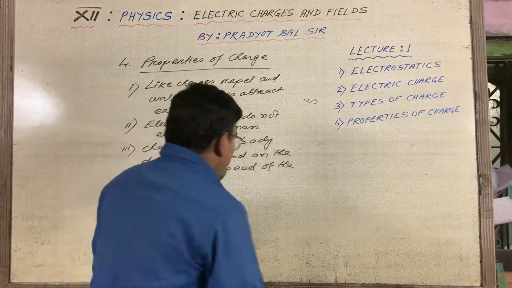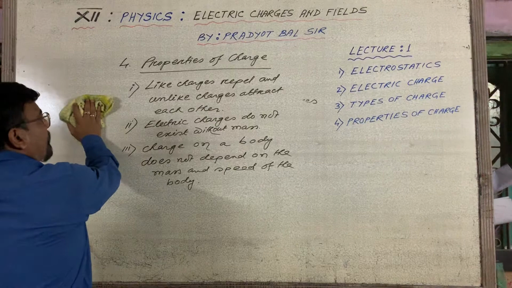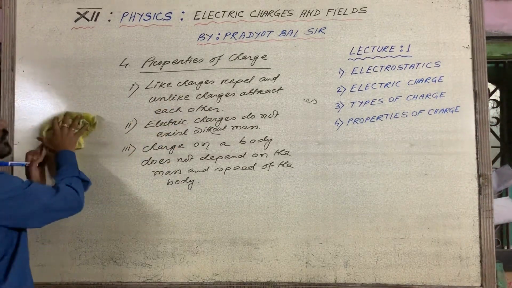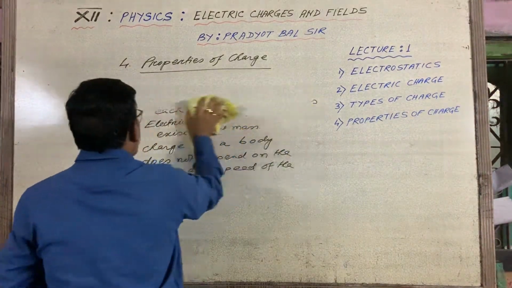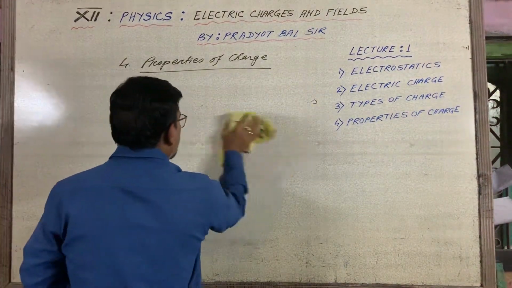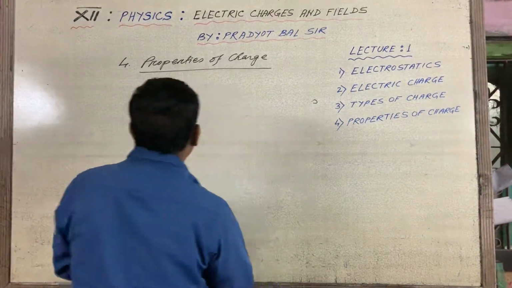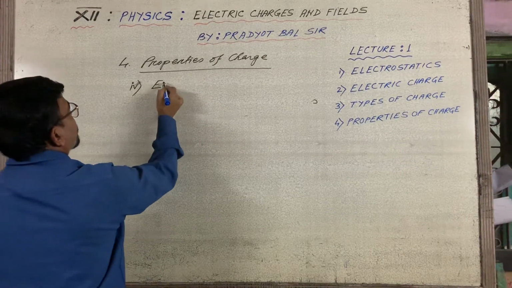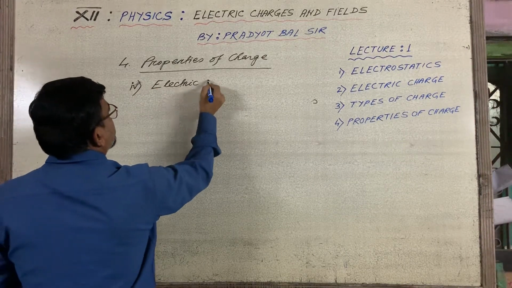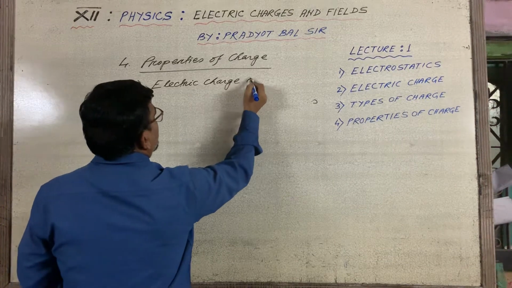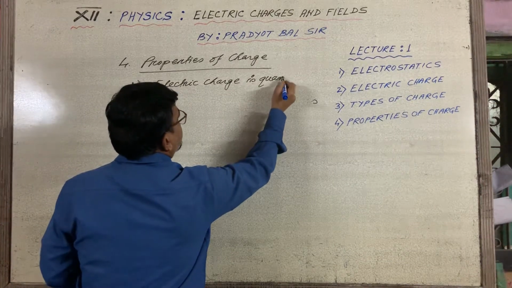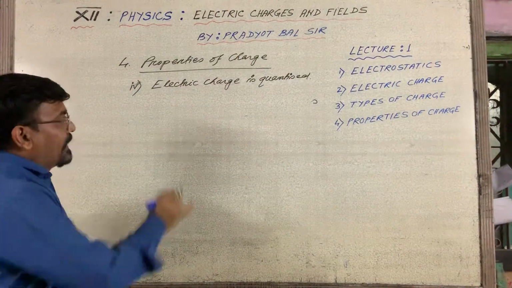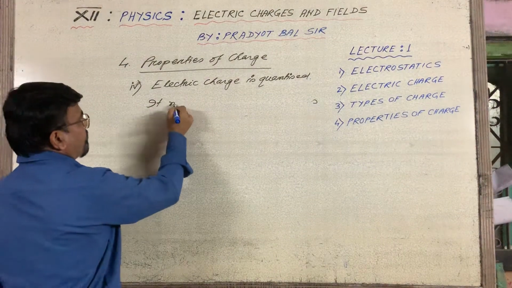Okay? Now comes the most important one, property number 4. I hope you have written properties 1, 2, 3 of charge. Now the fourth one: electric charge is quantized. What does it mean?